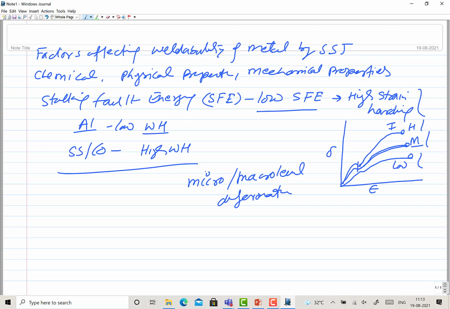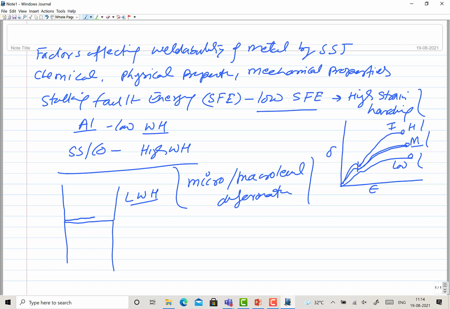So in view of this requirement, since the deformation is, you can say, the prerequisite for this kind of joining, the metals which have low work hardening tendency will allow the deformation without much resistance.